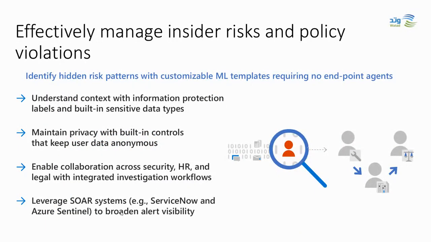And just to go into a bit more information, we can also identify hidden risk patterns with customizable machine learning templates requiring no endpoint agents. So as I've said, when a piece of information is secured or protected with DLP and emailed outside your organization, those DLP policies still apply.